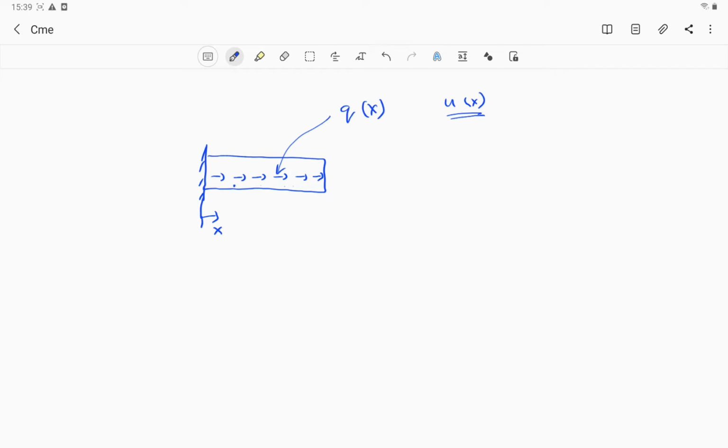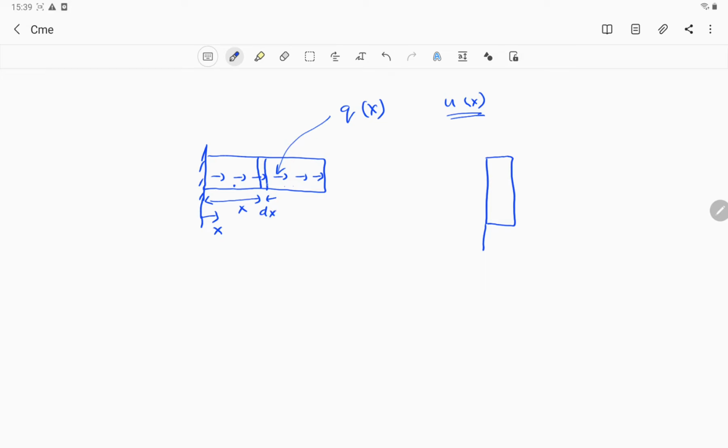For that, I'm going to take an infinitesimal sample piece of element in this axial bar, and let me draw that infinitesimal piece over here. Where I am taking that piece, this distance is x and this is dx.